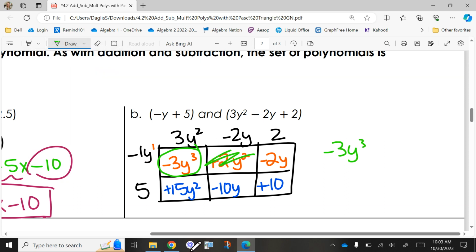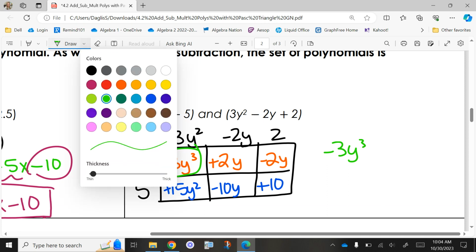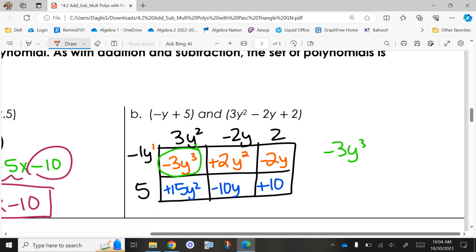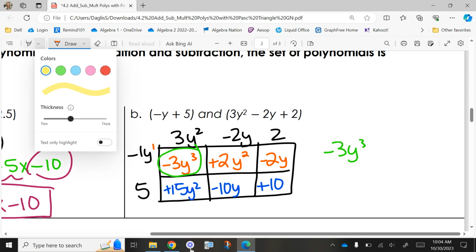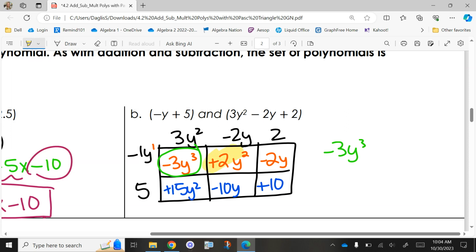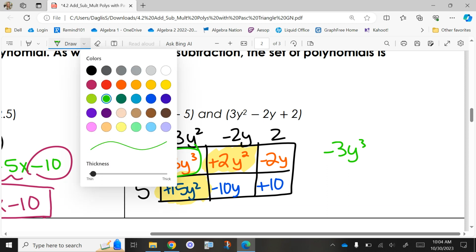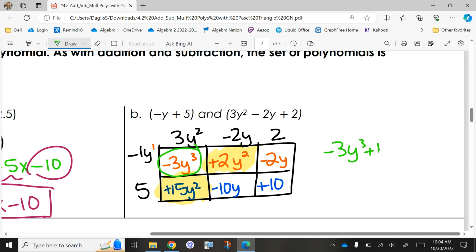Next, I see two pieces. I didn't want to cross it out. I wanted to highlight it. There are two pieces with an exponent of 2. I have positive 2 and positive 15, which gives me what? Positive 17.